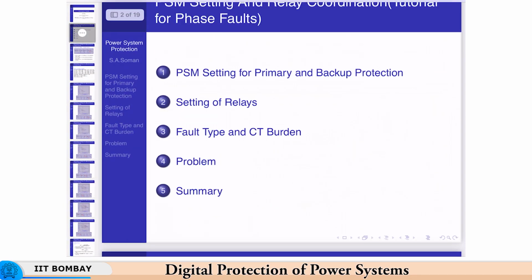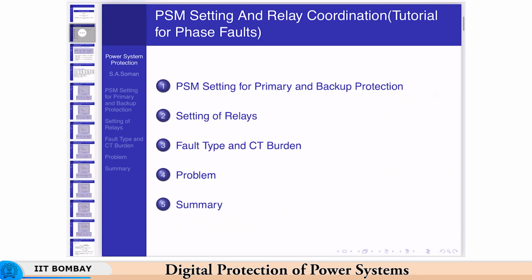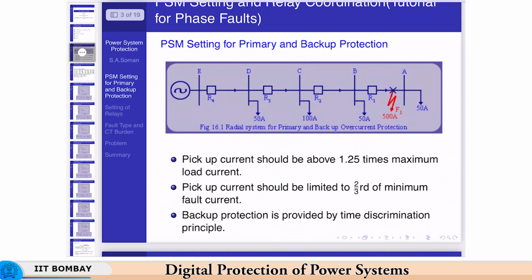Okay. So, we will see with an example here. This is the example of a radial system. You can see that there are 5 buses here, and the source is at bus E. The remote end, or the leaf, is at bus A, and the individual loads at each section are given.